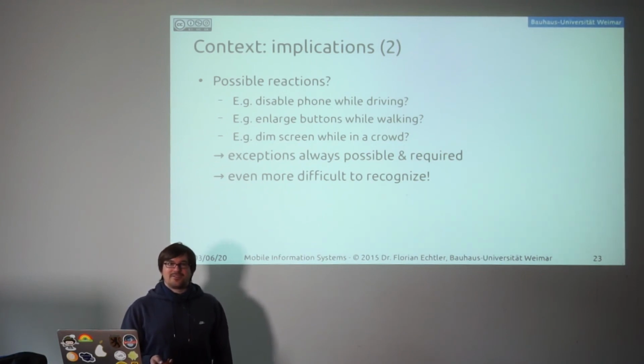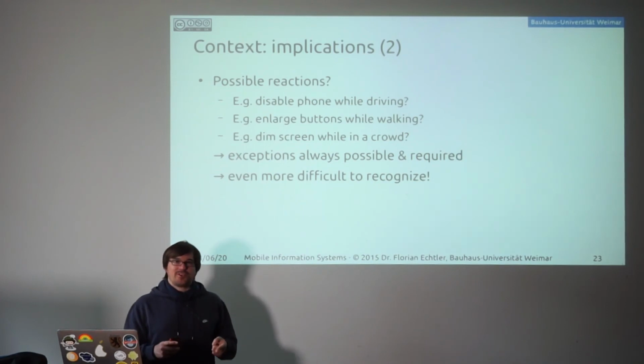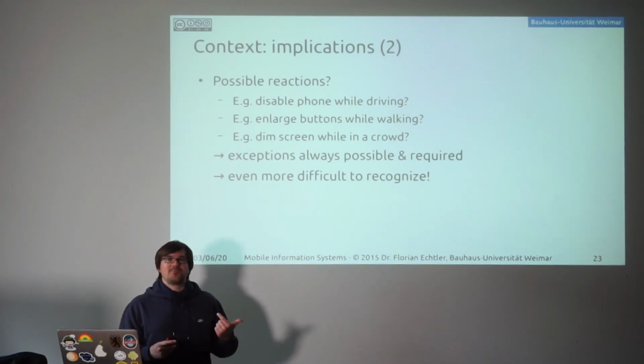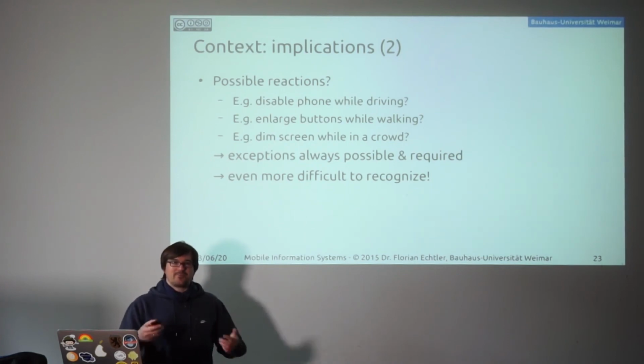And so the important aspect is you have exceptions all the time, and these exceptions are probably even more important than the general case. But exactly because they are exceptional and therefore not as common, it's probably even more difficult to recognize the exception scenarios automatically, even if you would be able to detect the main scenario reliably, like the user is driving a car.